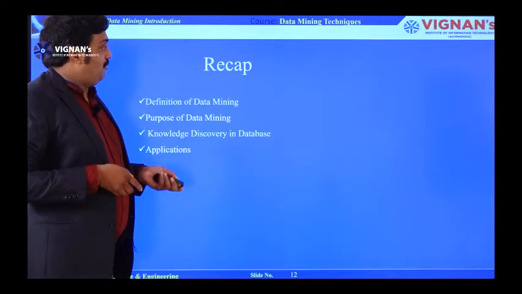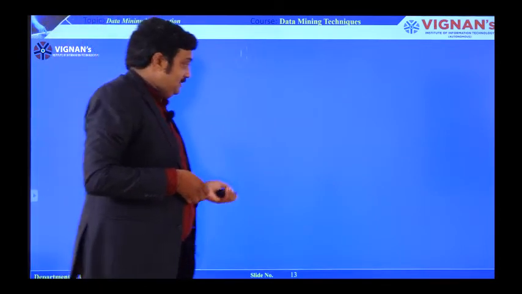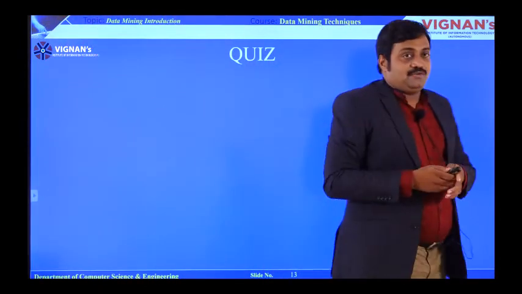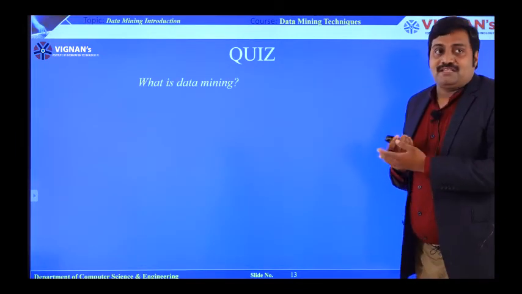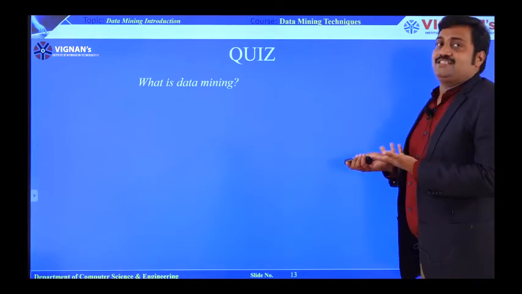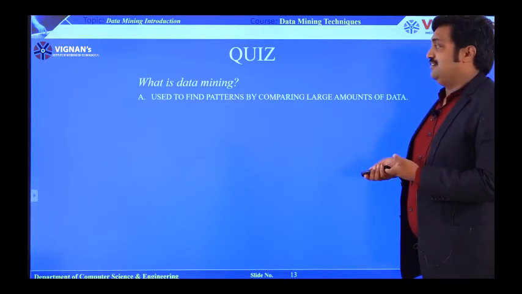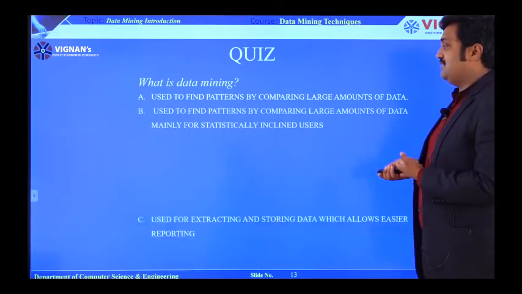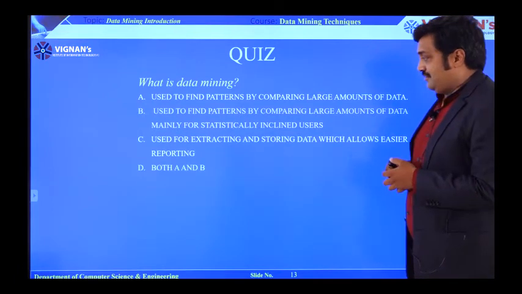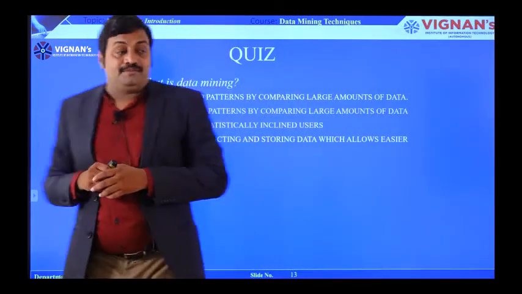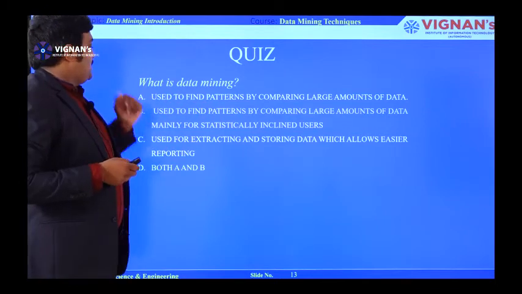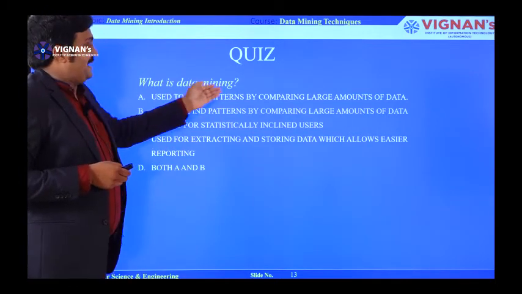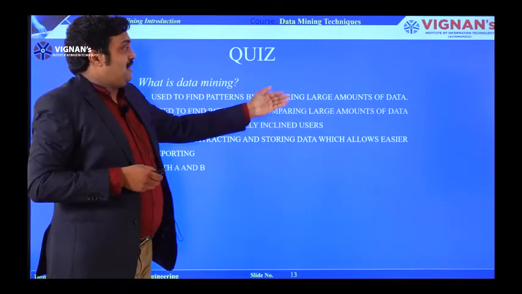Recheck how well you understood today's concept. Simple, again I am asking: what is data mining? You can identify which is the correct answer. The first option: use it to find patterns by comparing a large amount of data.